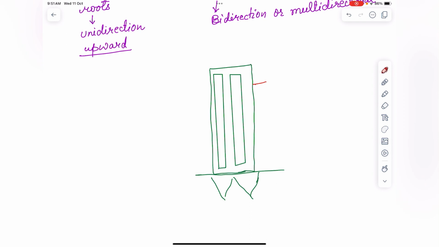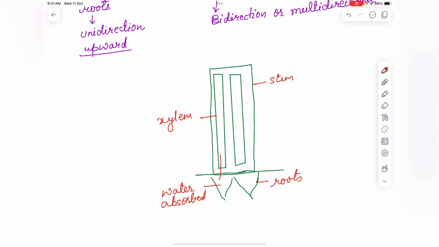Suppose this is a stem and roots. If this is xylem, water will be absorbed here. Water will be transported from this, like upward movement will be there.